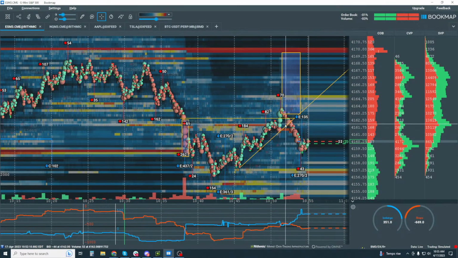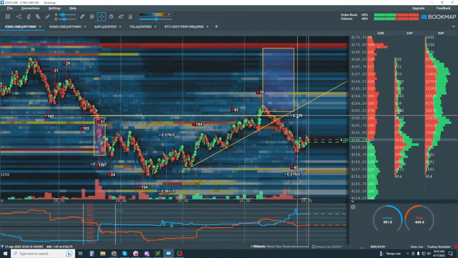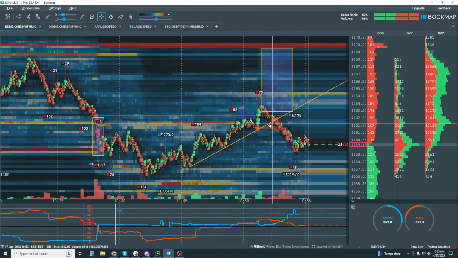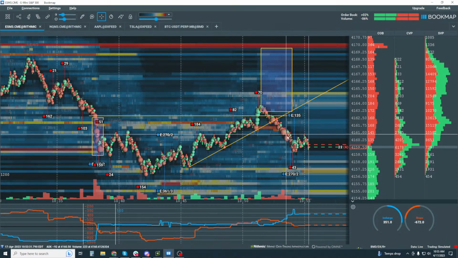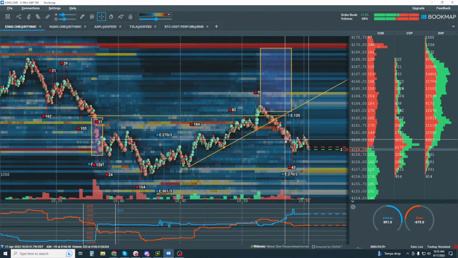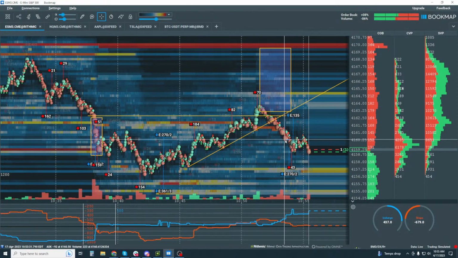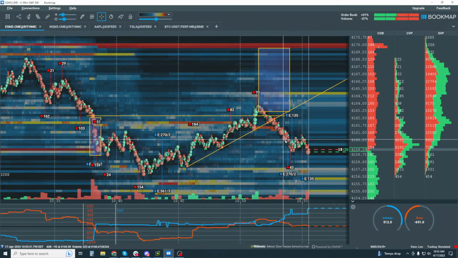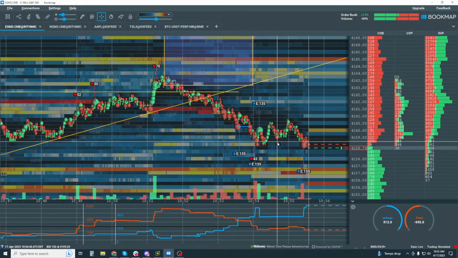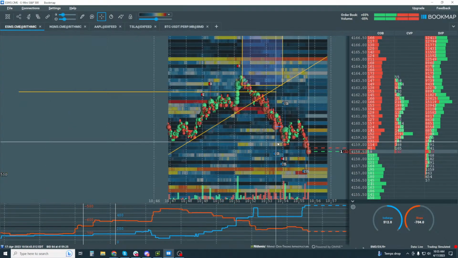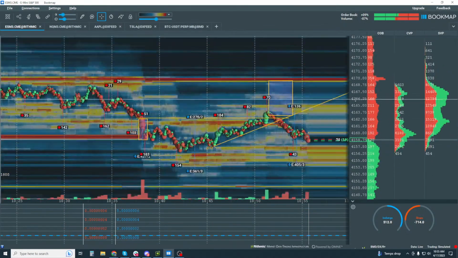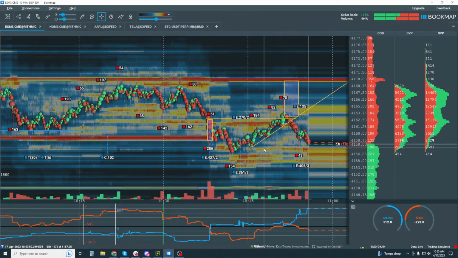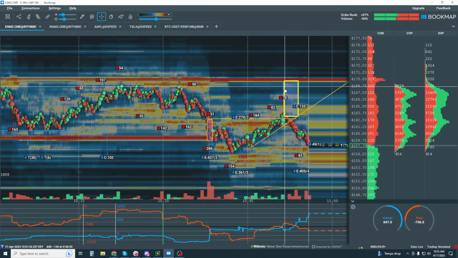Yeah, pretty wicked little market in here. Yeah, this scenario just totally did not play out whatsoever.